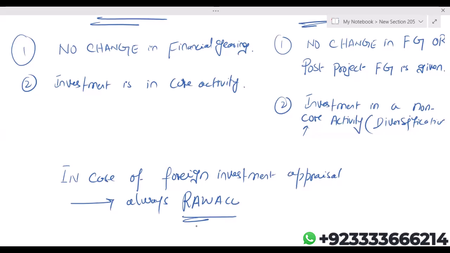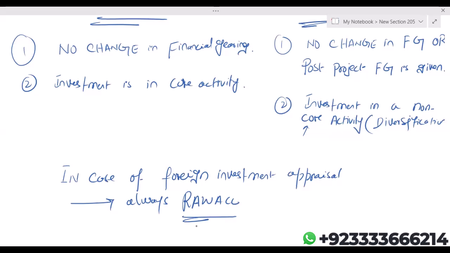So in that question, students were required to highlight in their answer that instead of appraising this project on the company's current WACC, XYZ company should have used risk adjusted WACC.